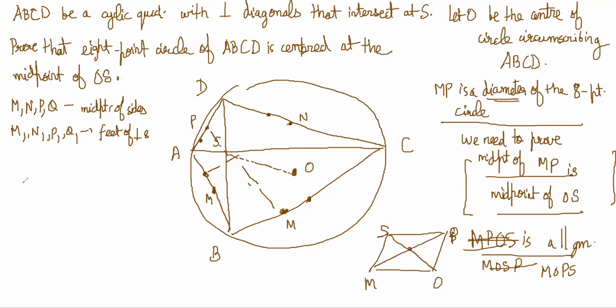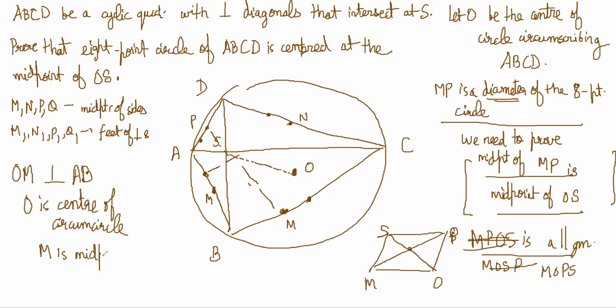That is obvious, because O is the center of the circumcircle and M is the midpoint of the chord AB.